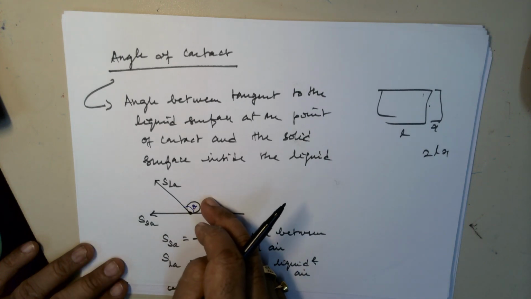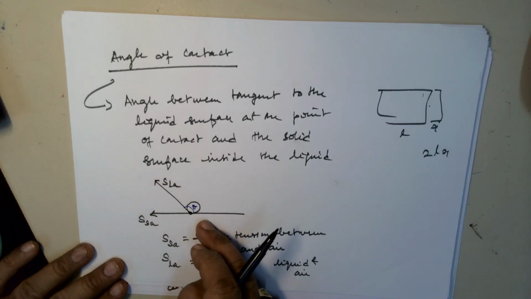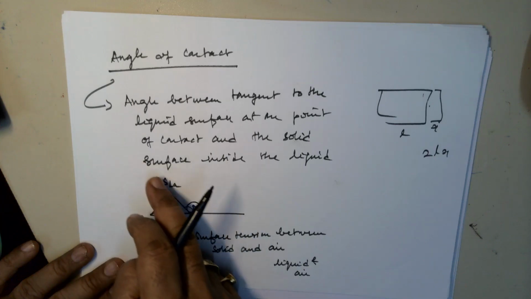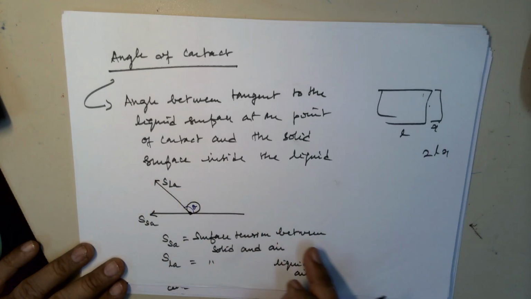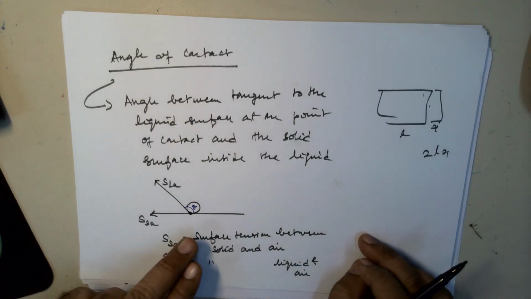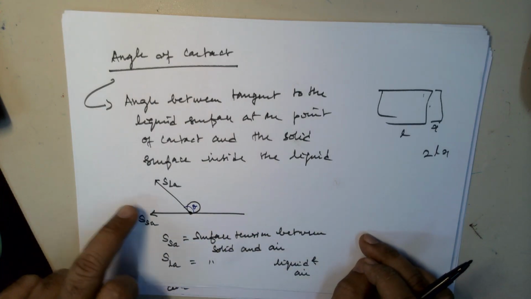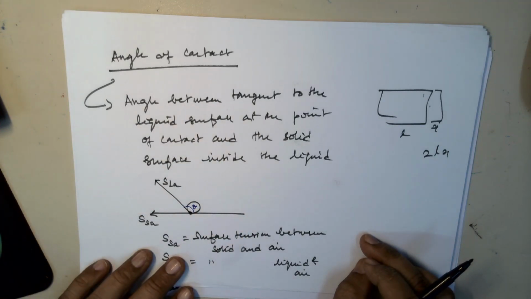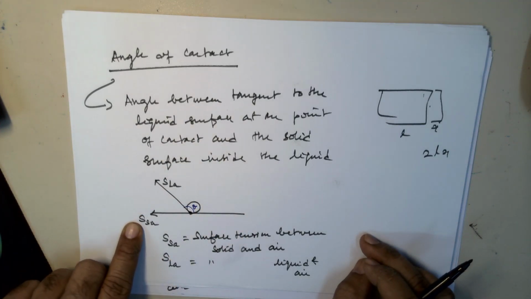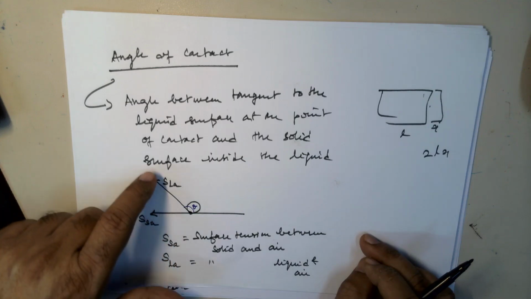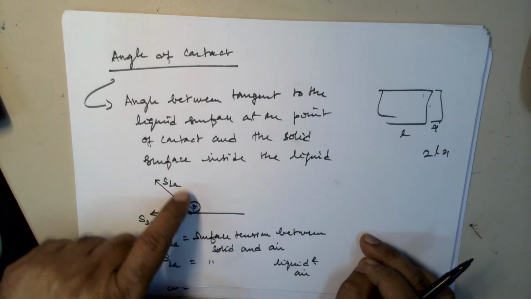So this is a liquid drop and this is the tangent, so it acts tangentially. This is the surface tension acting between the liquid and air. What about this one? This is the angle of contact. This is the solid surface where the liquid lies, so this must be the surface tension acting between the solid and the air. So this is solid and air, and this is liquid and air.